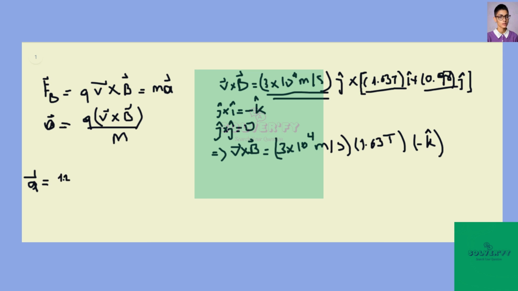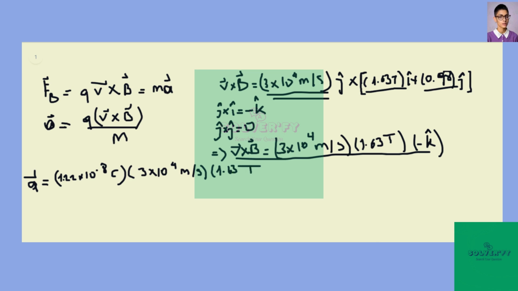That is given to us as 1.22 times 10 to the power of negative 8 coulombs, times the V cross B, this entire term here, 3 times 10 to the power of 4 meters per second, 1.63 Tesla, negative K hat, over the mass, which is given to us as 1.81 times 10 to the power of negative 3 kilograms.